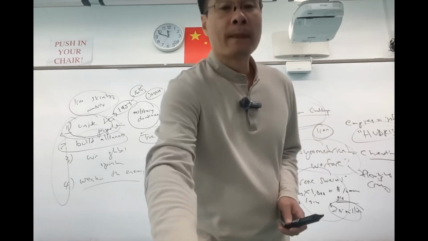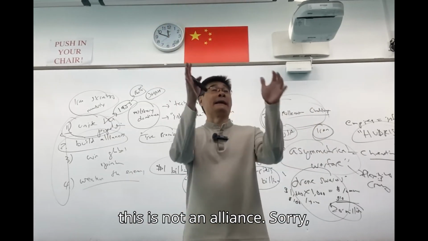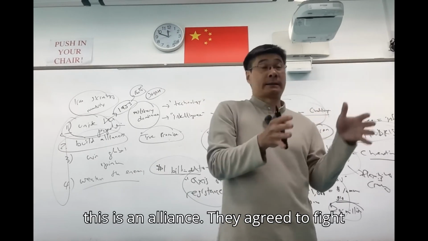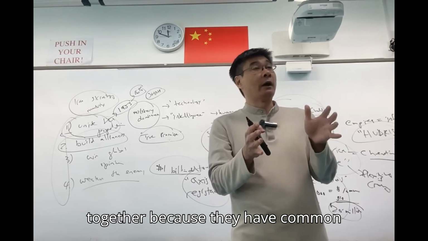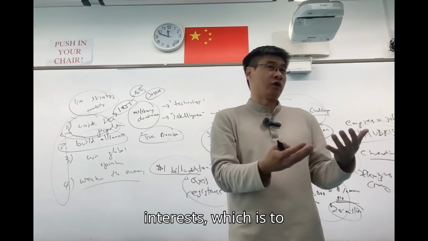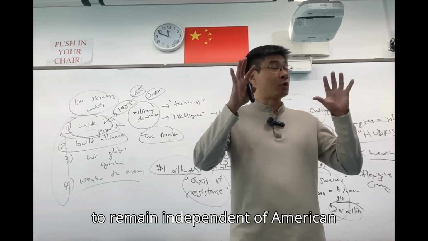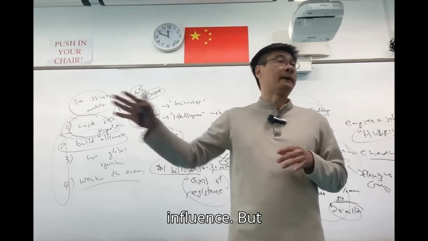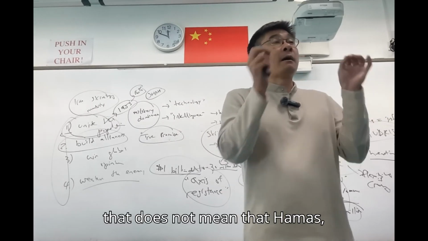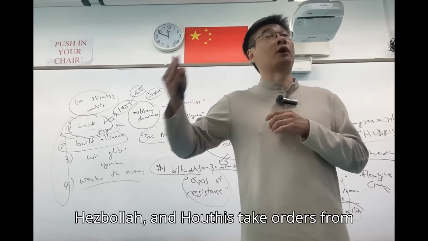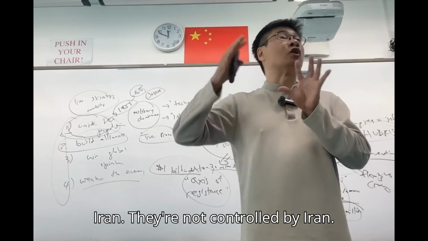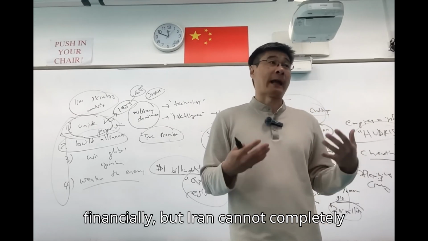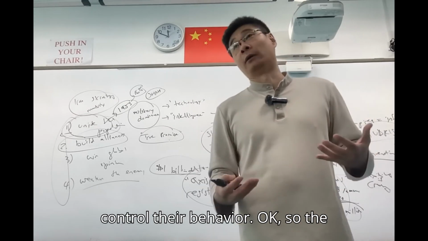Now, what's important to understand is that this is an alliance. They agree to fight together because they have common interests, which is to remain independent of American influence. But that does not mean that Hamas, Hezbollah, and the Houthis take orders from Iran. They're not controlled by Iran. Iran supports them militarily and financially, but Iran cannot completely control their behavior.